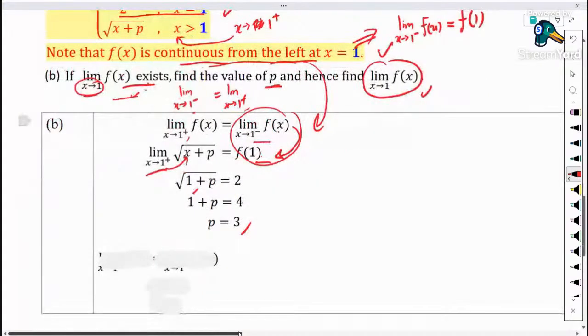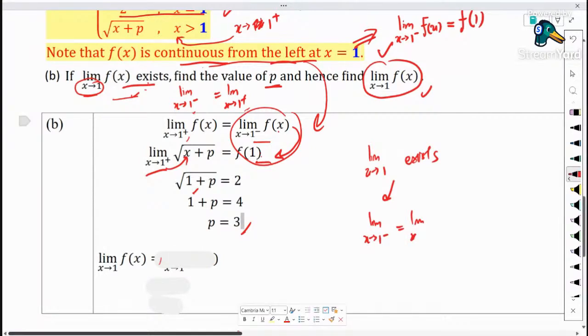Now let's find out the value of the limit as x approaches 1 of f(x). What you need to do, guys and girls, again, is work smart. If the limit as x approaches 1 exists, it means that the limit as x approaches 1 minus equals the limit as x approaches 1 plus, and equals some real number.